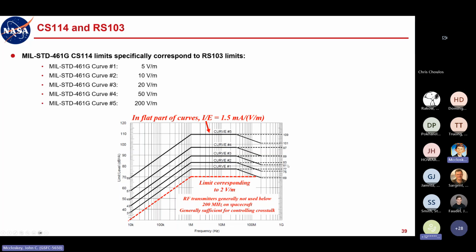Okay, so we are using it to control against crosstalk, but just defining the default limit to correspond to our on-orbit limit of 2 volts per meter just seemed like a good benchmark, right? And so that's 3 milliamps in this high frequency range here, and that's an easy level to achieve and also you can do it without an amplifier, as I'm going to show you on Wednesday. And, you know, if you're sensitive to 3 milliamps, you probably want to know about it.